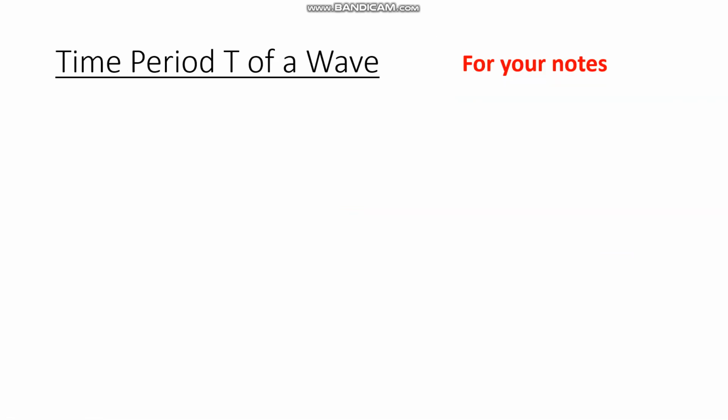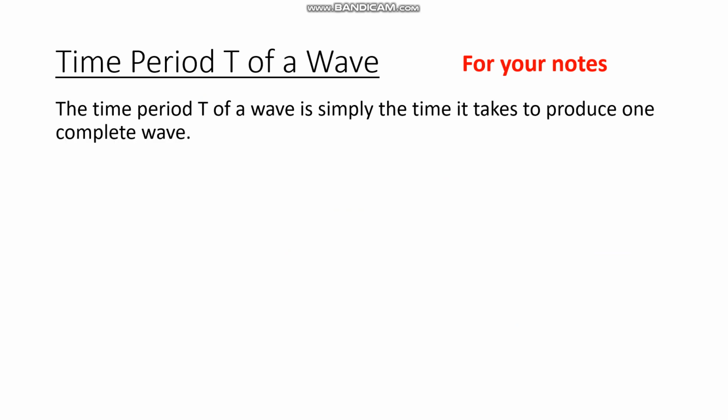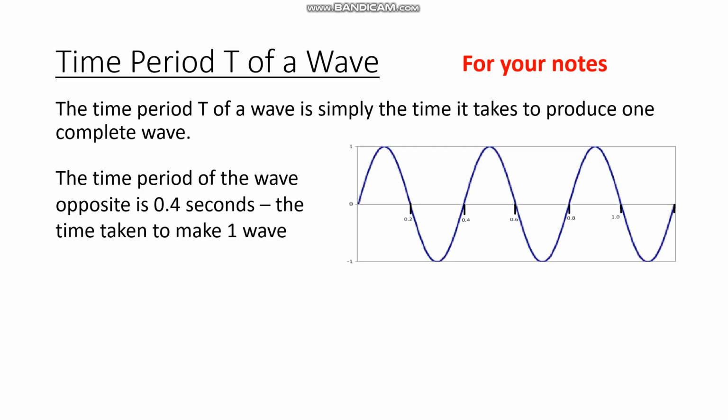Okay, this next slide again needs to be copied down into your notes or printed off and stuck in. It's entitled the time period of a wave. The time period of a wave is simply the time it takes to produce 1 complete wave, and that's best illustrated with this little diagram. Along the bottom is units of time, these are seconds.